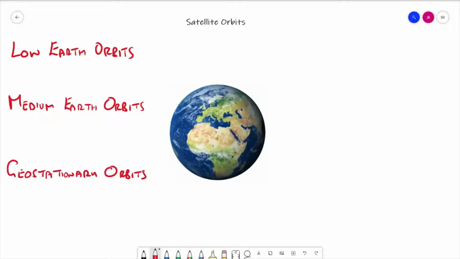Now, of course, there are other types of orbit, but these are the major three, and there are a couple of different subcategories of these as well, increasing the number of orbits that we see.